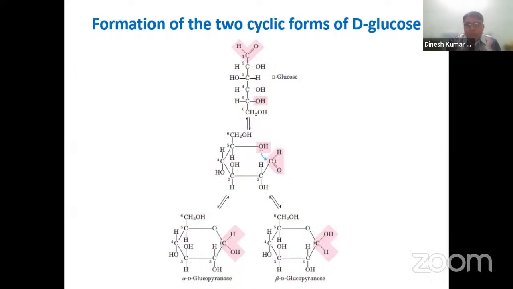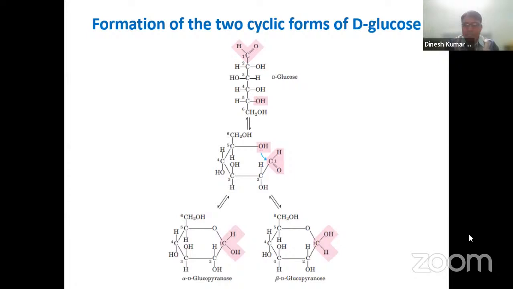Now this glucose can be in an open chain structure, or it can form a ring structure. In the first, it is the open chain structure. Now the aldehyde group at carbon number 1 forms a bond with the hydroxyl group at carbon number 5 and forms a ring-like structure.